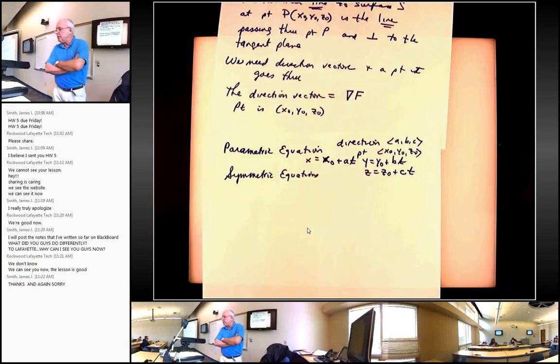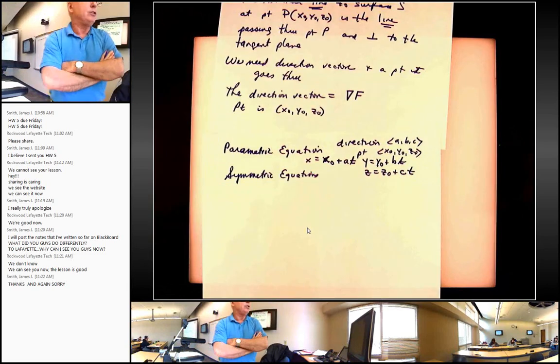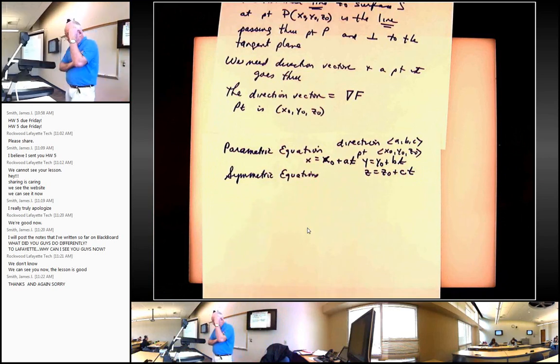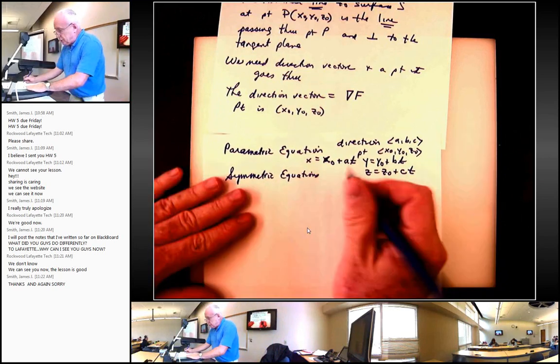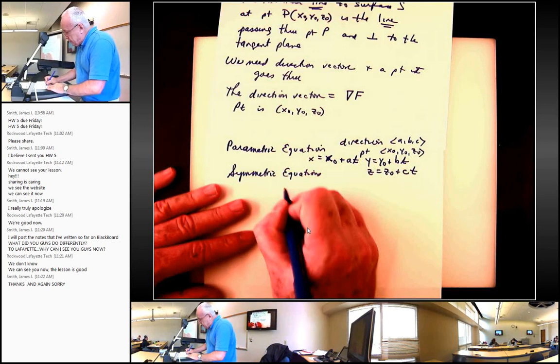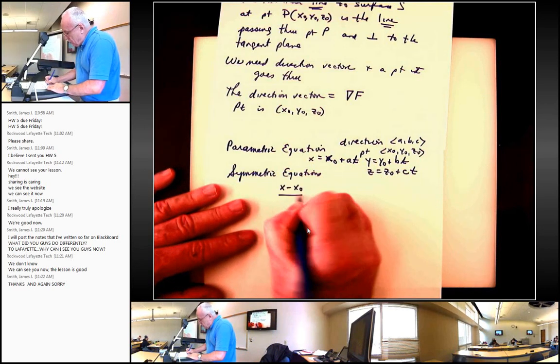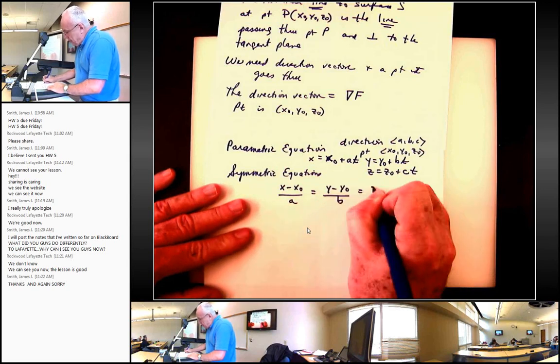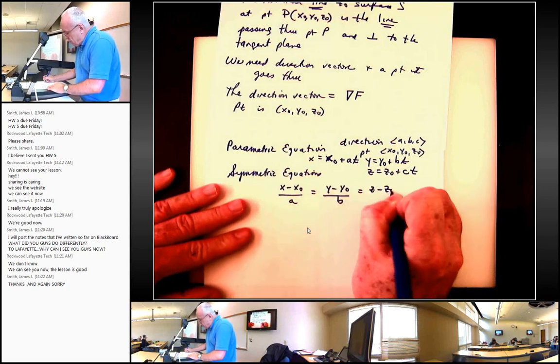The a, b, and c there are from the direction vector, and t goes from negative infinity to positive infinity. The symmetric equations, when we solve for t, we get x minus x naught over a equals y minus y naught over b equals z minus z naught over c.